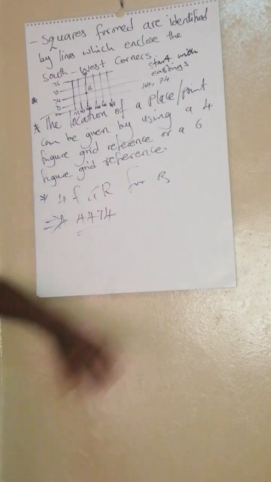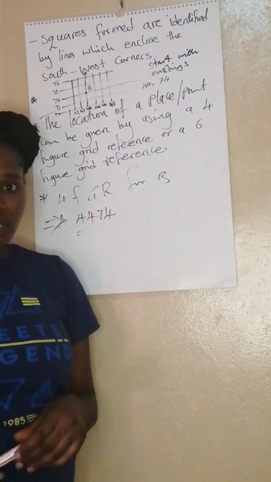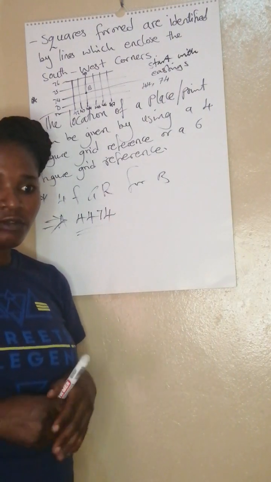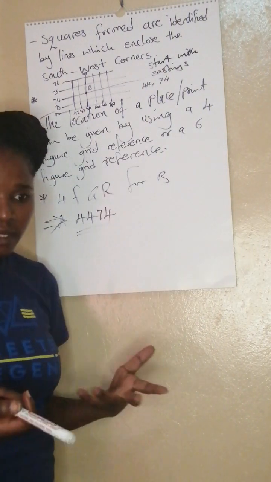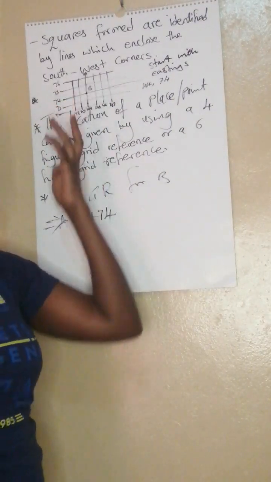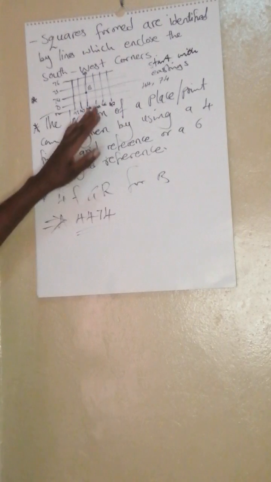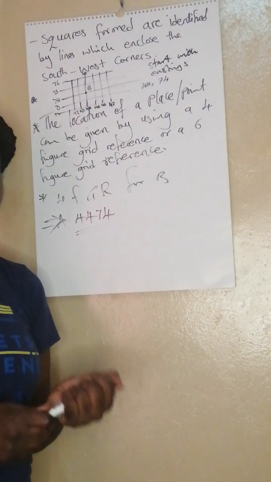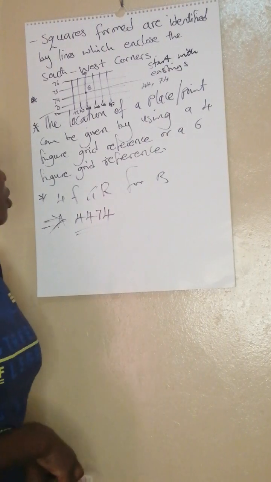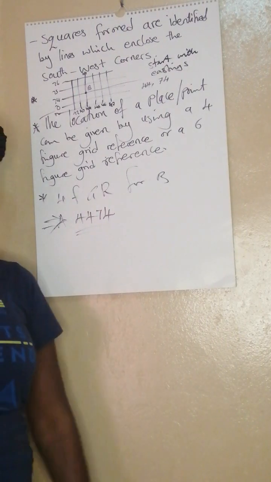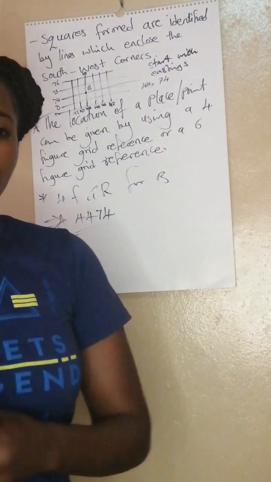So for the 4-figure grid reference, we give a general location for a given point, because when you look at that square, it can be a very big area. If I say point B is found in that area, it will be difficult for you to find point B. It's more like I'm saying Chomba lives in Lusaka.